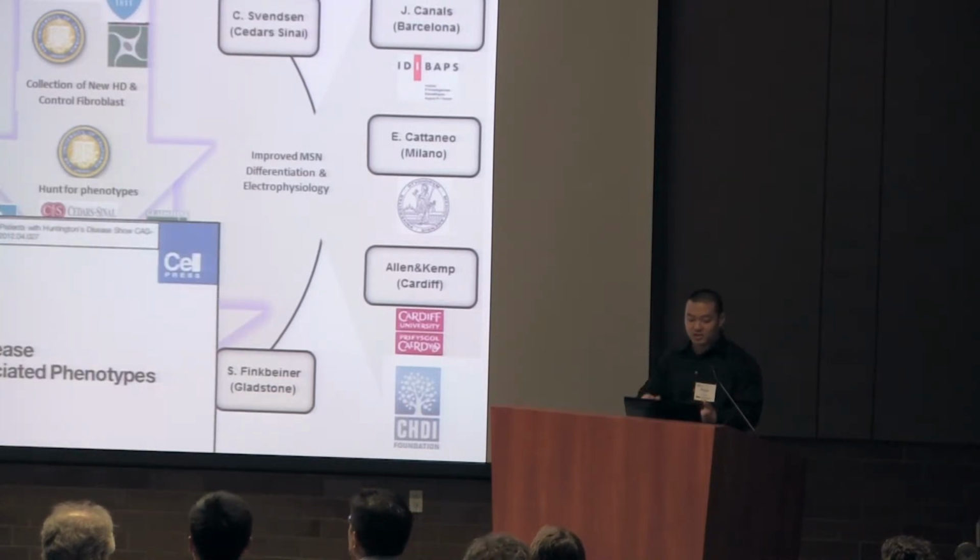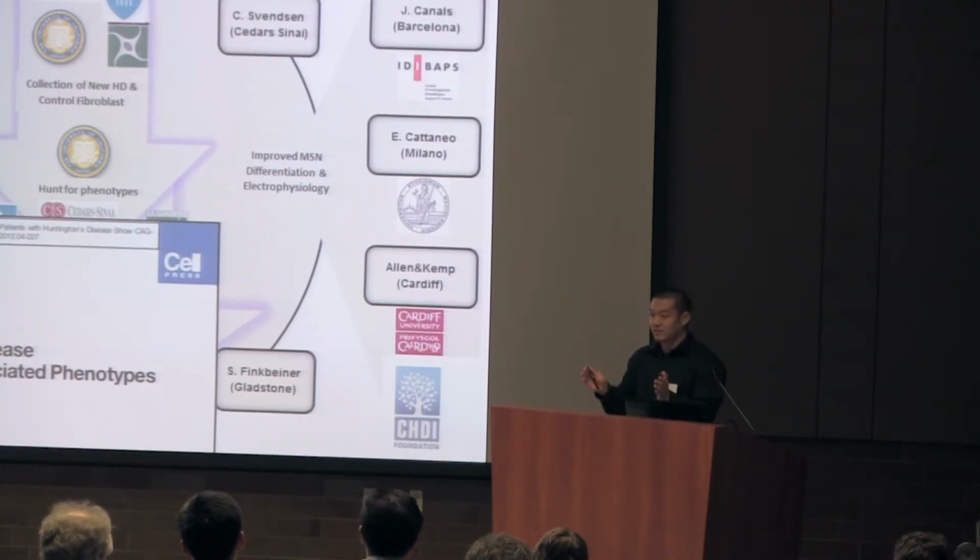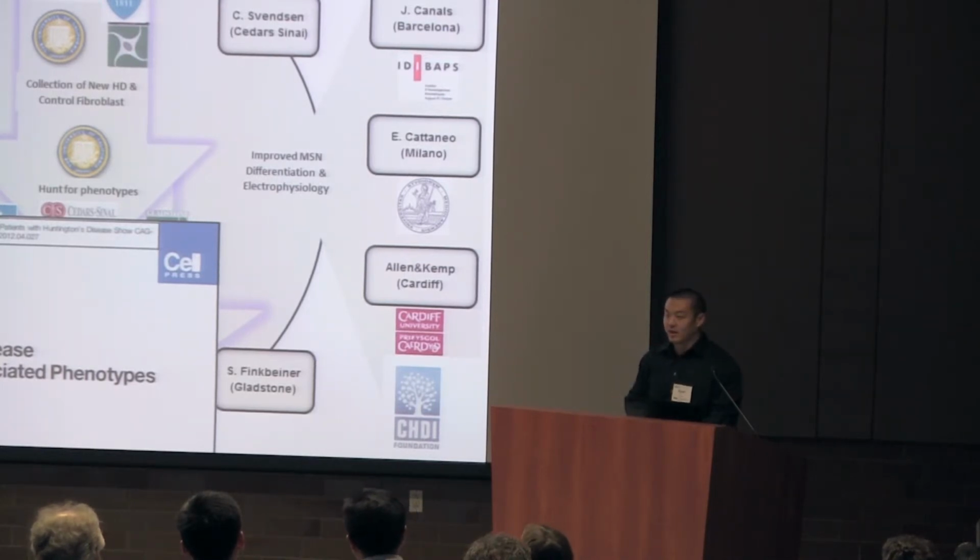The accumulation of all that work led to a publication in 2012 that showed that after the neural stem cell stage there were deficits. The HD patients, all with juvenile repeat lengths of 60 plus repeats, showed a phenotype, which is very interesting. Since then, we moved on to more adult neuronal populations with striatal-like characteristics.